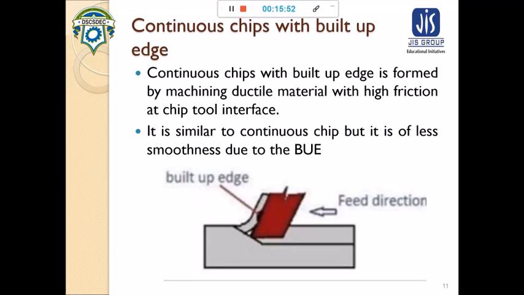Due to this high friction, the temperature increases more than the melting point of the cutting tool material, and the tool material is pressured by the bulk of the chip, so it gets stuck to the workpiece by welding. This is the process of built-up edge formation. It is very important and comes in the semester exam as a short note.